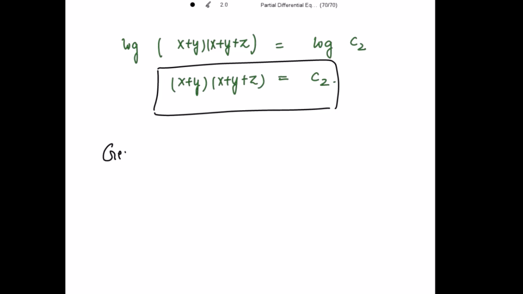And now writing the general solution. How to write the general solution? It is f(C1, C2) = 0, where f is an arbitrary function.